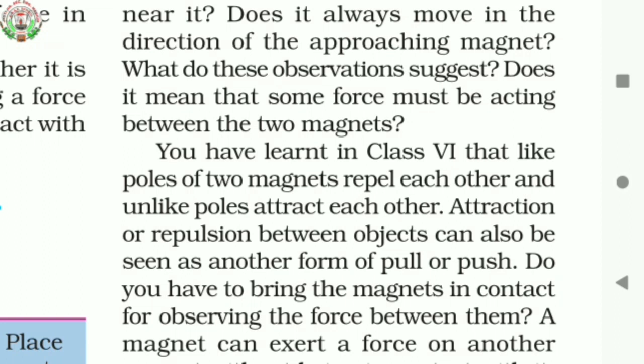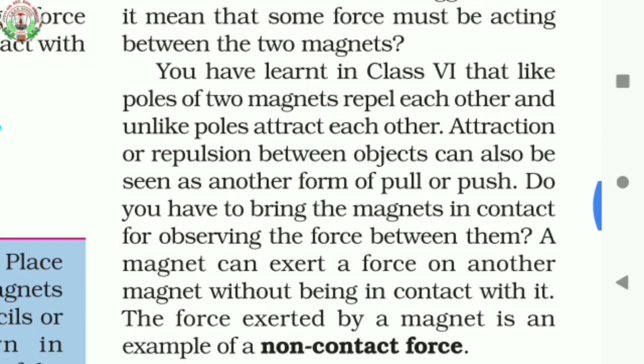Do you have to bring the magnets in contact for observing the force between them? No. The magnets are not in contact, and still a force is acting between them. So the force exerted by a magnet is an example of a non-contact force.